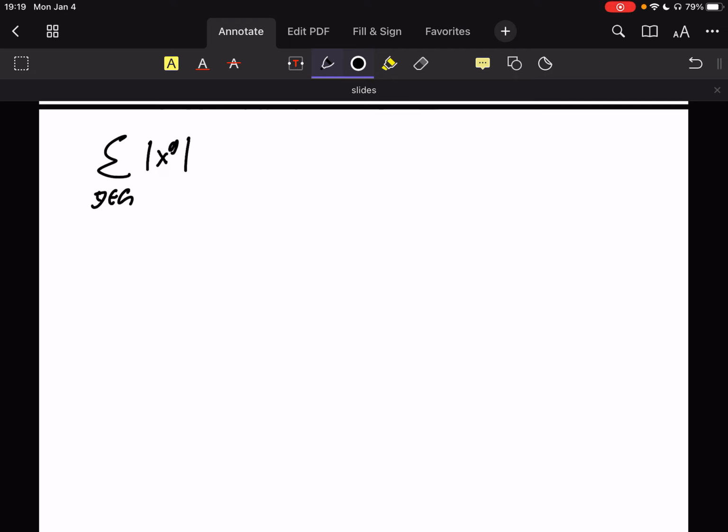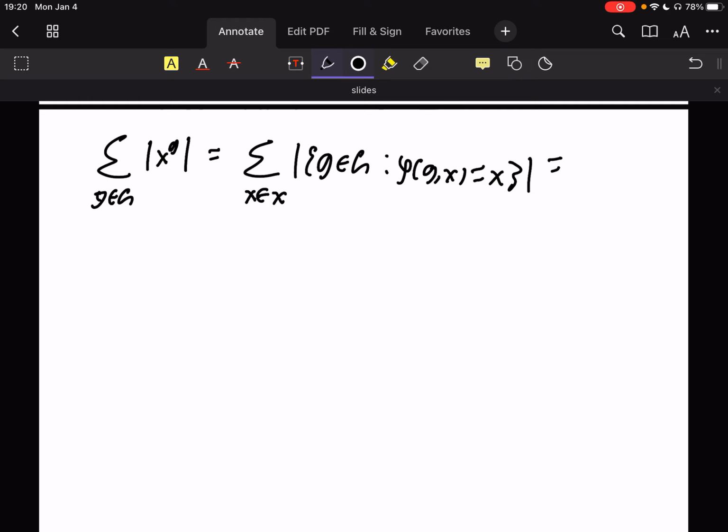So let's find a way to rewrite this in terms of the objects in X instead of the actions in G. If we think about it, this should be equal to the set of g in G such that phi of g, x equals x, right? We've just swapped the indices here. But we've seen this before. This is just a stabilizer.